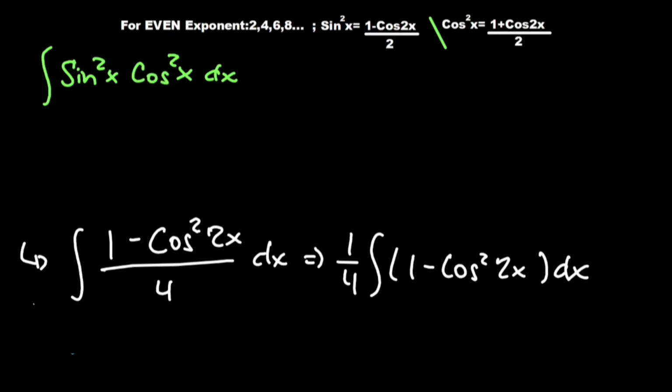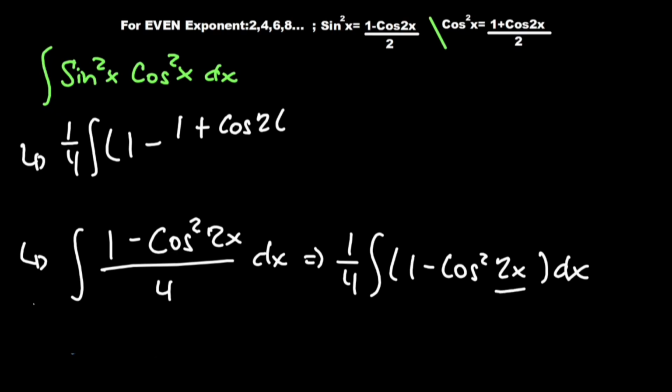You can see here, this one has an even exponent, so transform this. This can be 1/4 integral of 1 minus 1 plus cosine of 2 multiplied by its x value, which is 2x.